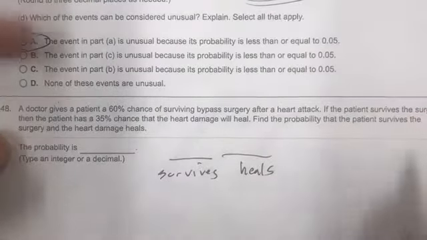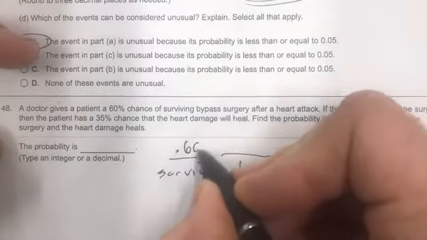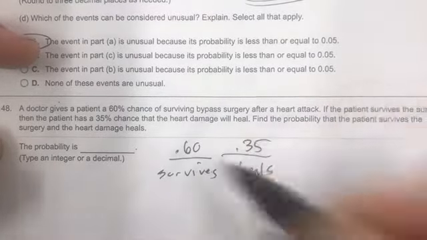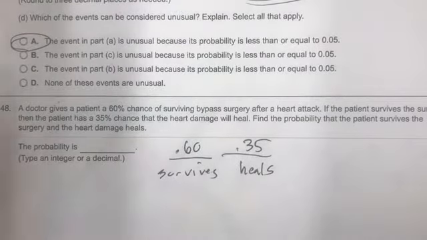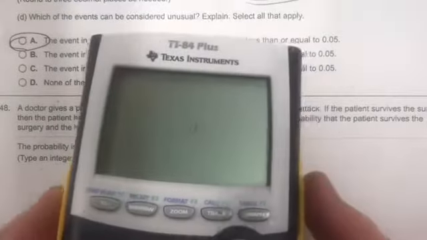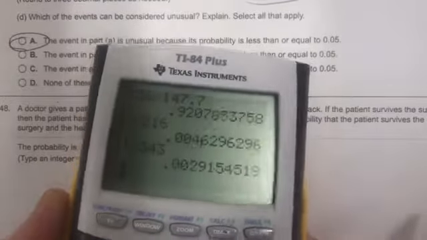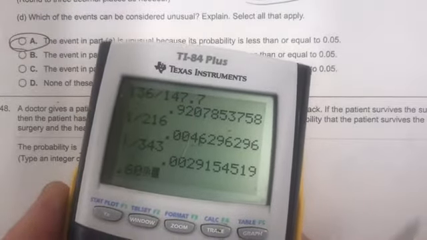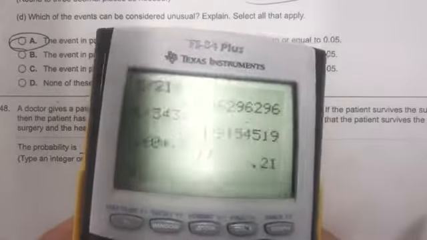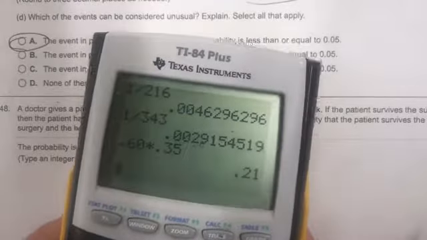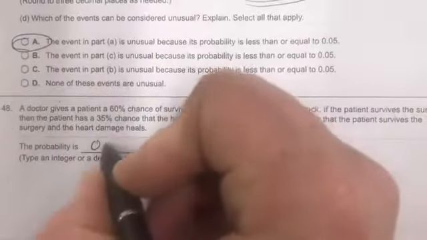These are my 2 events. So this is 0.60, this is 0.35, and I just multiply those together. So 0.60 times 0.35, I'm getting 0.21. And that's right.